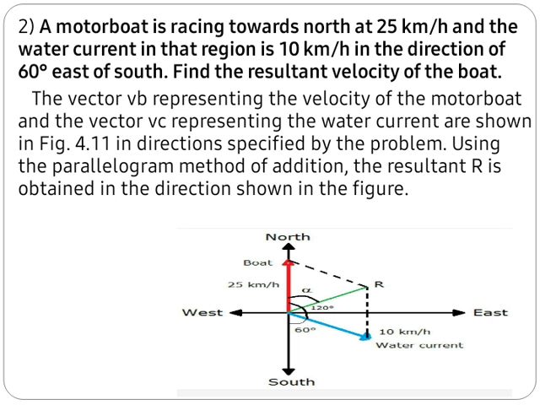Let r be the resultant vector of the velocity of the motorboat and the velocity of the water current. Let alpha be the angle between the direction of this resultant vector r and the direction of the velocity of the motorboat.